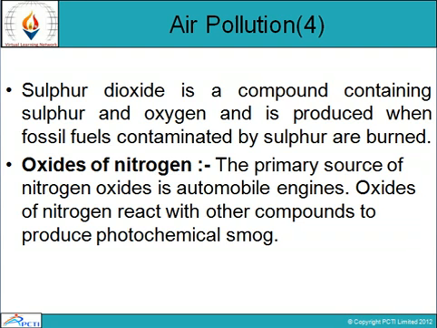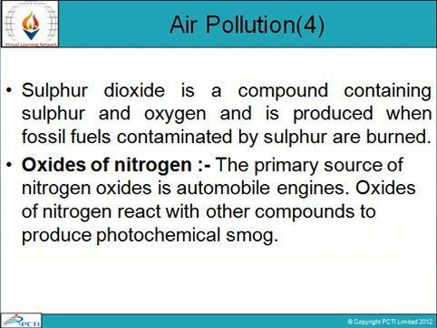Air pollution again: sulfur dioxide is a compound containing sulfur and oxygen and is produced when fossil fuels contaminated by sulfur are burnt. Oxides of nitrogen: the primary source of nitrogen oxide is automobile engines.